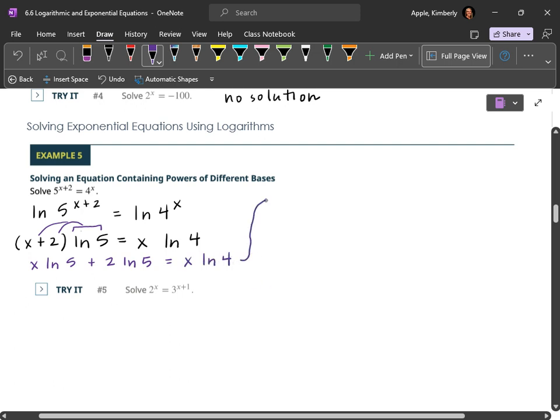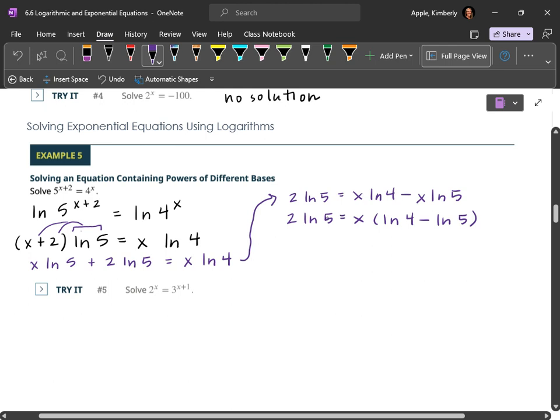And so moving on, if we're solving for x, we should probably get all of the terms with an x on one side. And so I'll subtract x ln of 5 from both sides, and I'll obtain x times the ln of 4 minus x times the ln of 5. And then factoring out an x on the right-hand side, I'll be left with ln of 4 minus ln of 5.